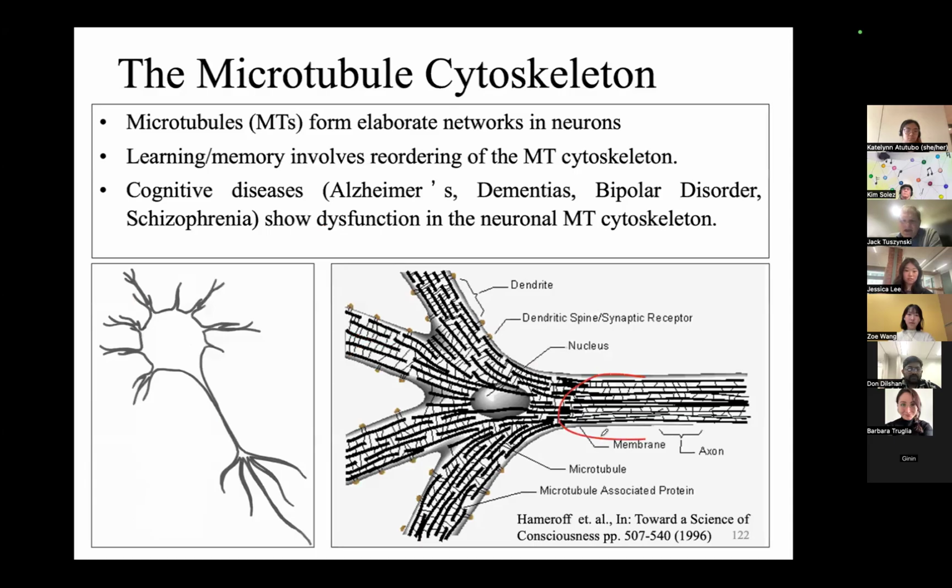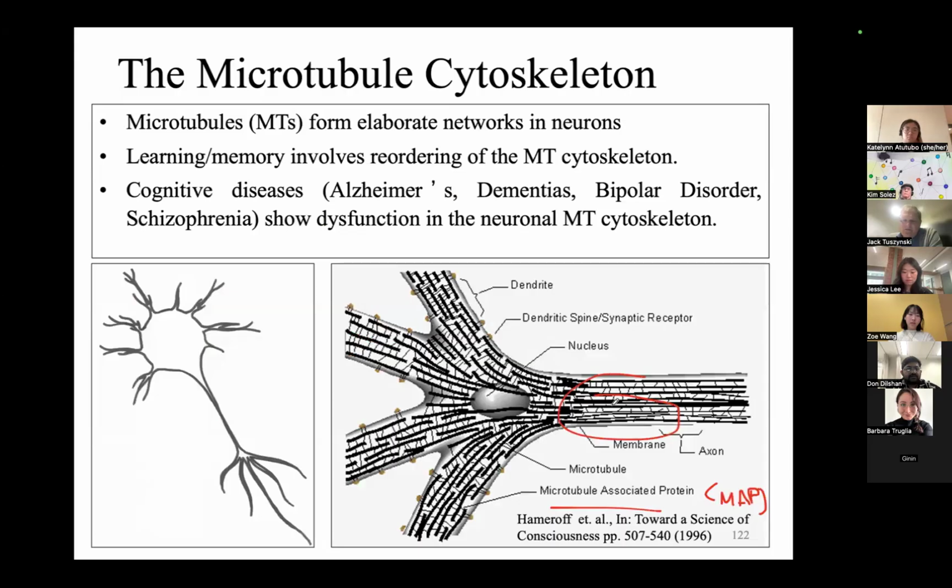And in the axon, as you can see here, you have microtubules interconnected by MAPs. So microtubule-associated protein, we will call it MAP for short. MAP tau, MAP2. There's a whole family of these proteins, and they allow microtubules to form a scaffold inside neurons, and it's well known that this is stabilizing the morphology of neurons, but it's more than that.